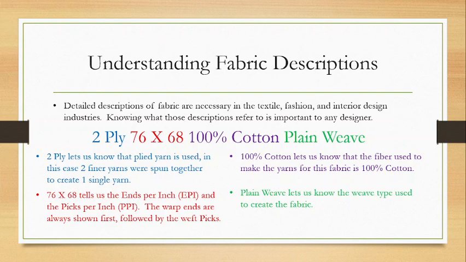2-ply lets us know that plied yarn was used in the weaving of this fabric. In this case, 2 finer yarns were spun together to create 1 single yarn. So remember, the number of plies represents how many yarns were twisted together to create a single yarn. And this is actually how they get those crazy yarn count numbers, because they count, even though they're kind of not supposed to, that, how do you get to 1,000 yards per thread?